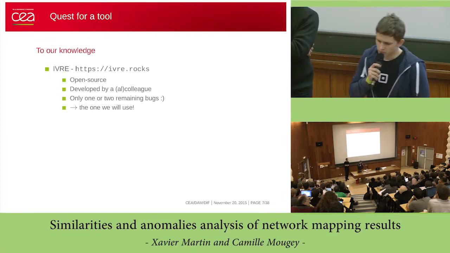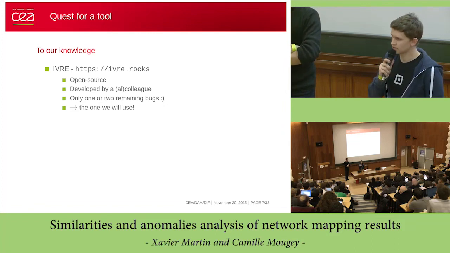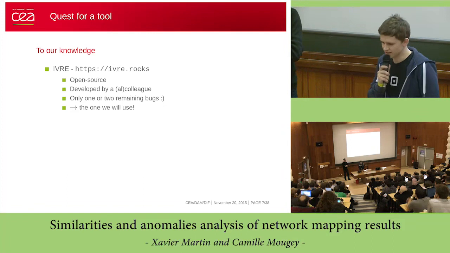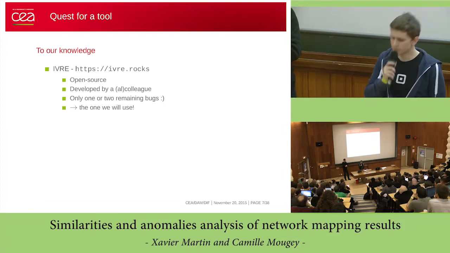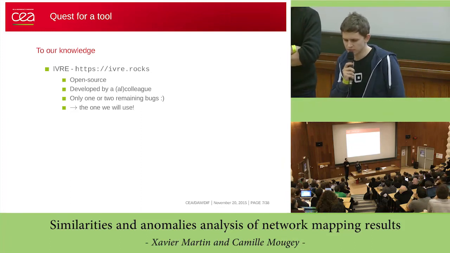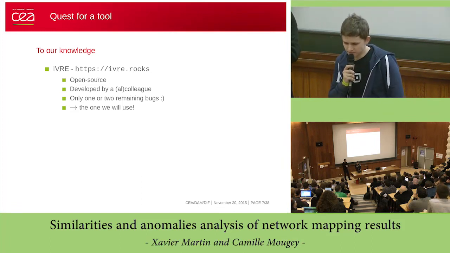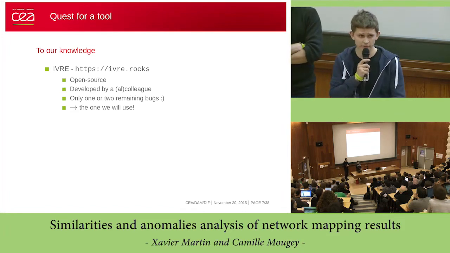The one we use is IVRE, which stands for Instrument de Veille Réseau Extérieur, of course. And in English, Drunk Recognition of Unknown Network, so obviously drunk. It is open source, developed by a colleague, Pierre, and that's the one we'll use. On which data?